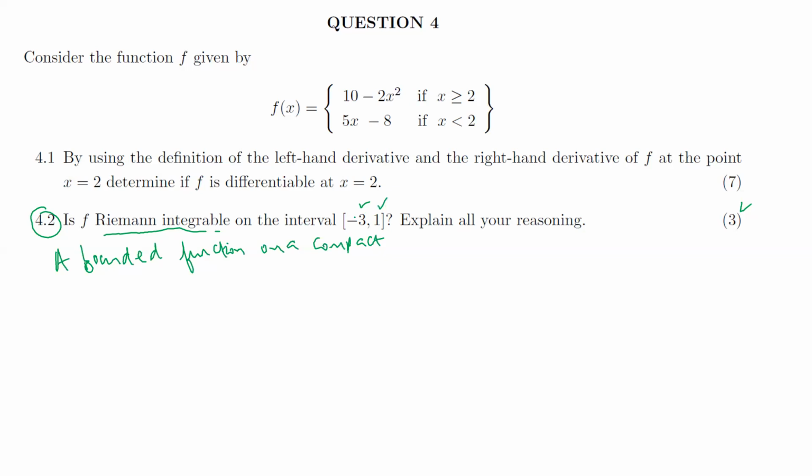Okay, we're gonna see that when we do 3711 compact spaces. Right, a bounded function on a compact interval [a, b] is Riemann integrable.